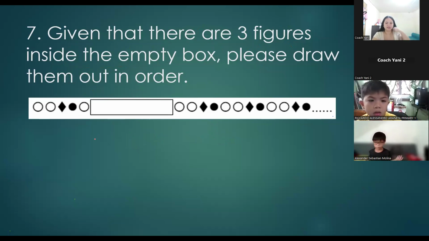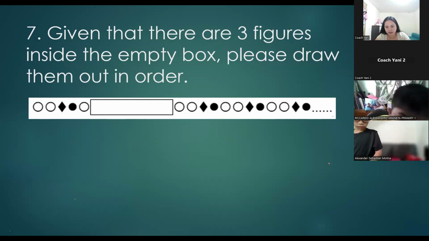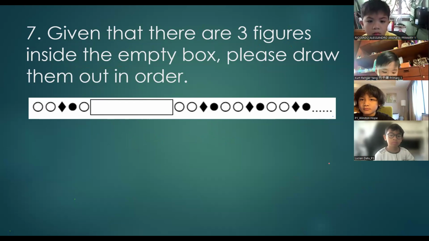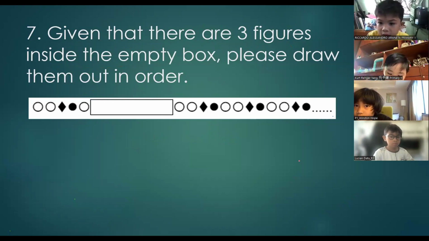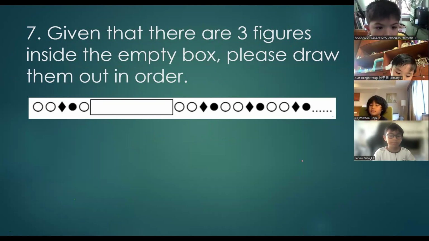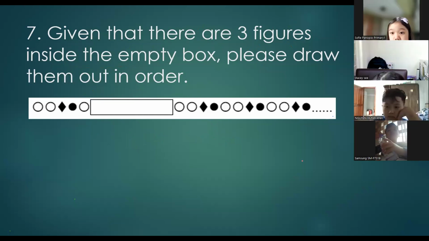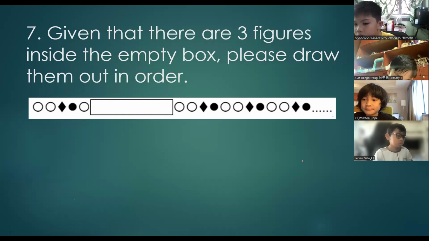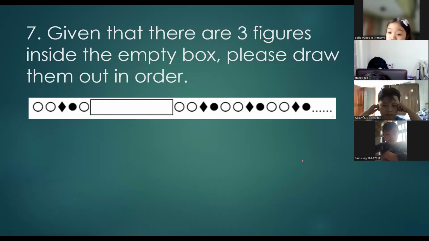Given that there are 3 figures inside the empty box, please draw them out in order. Let's call on Lucian, do you want to answer? Who else wants to answer here? Sophie, you want to answer?